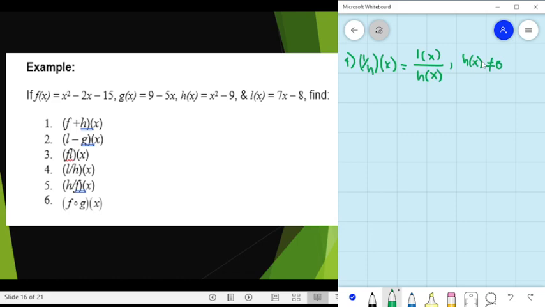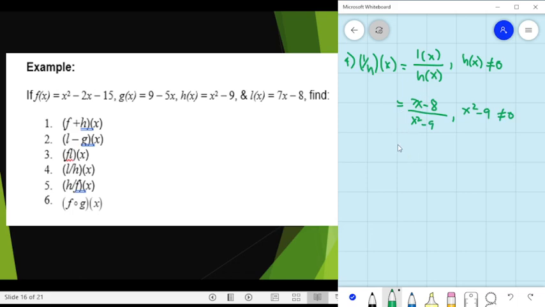Okay, so our L is 7x minus 8. Now our h is x squared minus 9, such that x squared minus 9 must not be equal to 0. So in this case, we cannot divide this anymore.